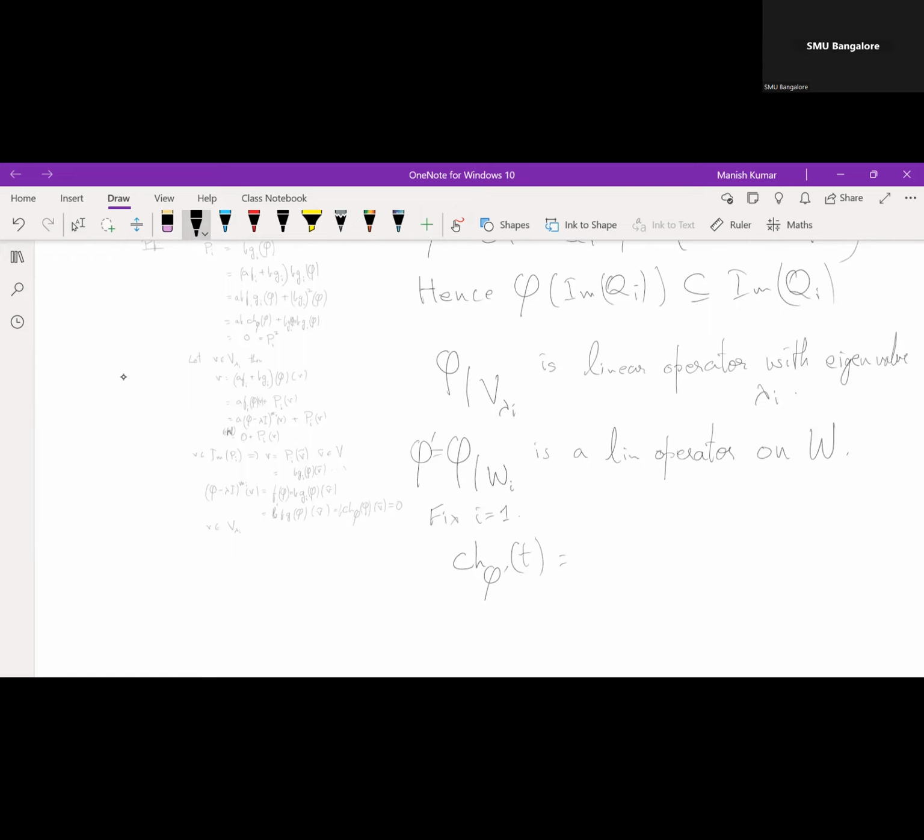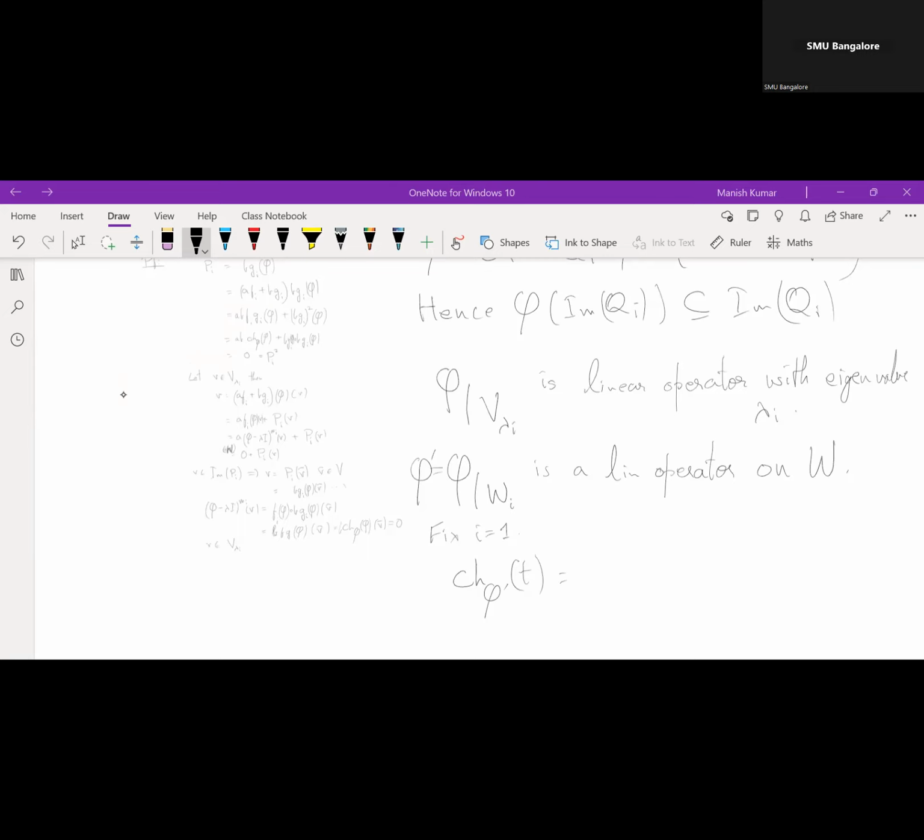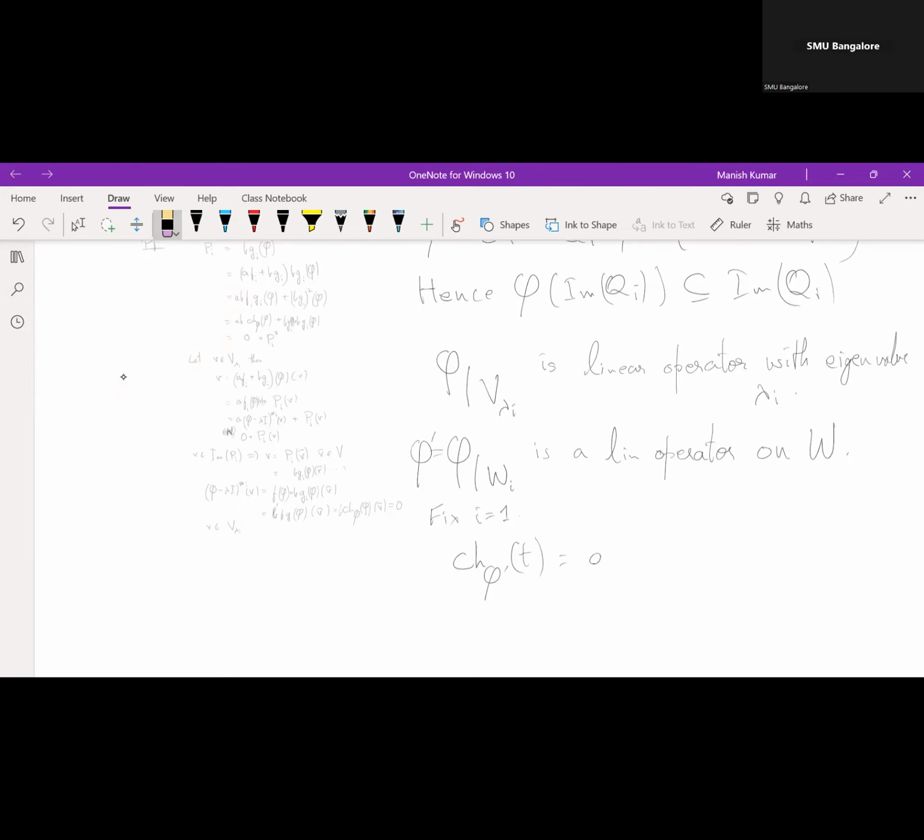The point is, I want to say that the characteristic polynomial splits. So this will be G_1(T).